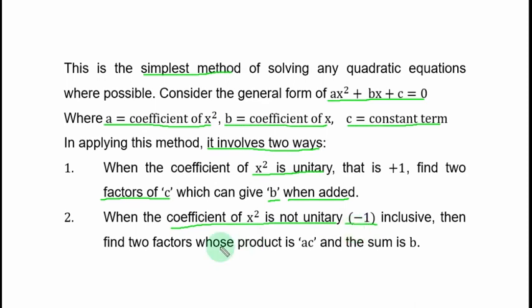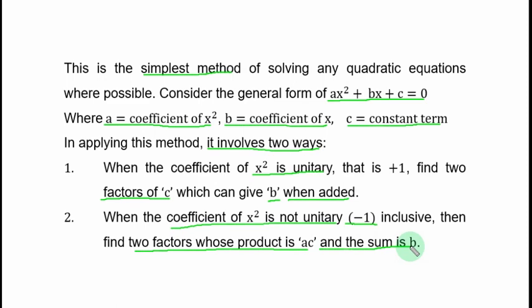After that, you find two factors whose product is AC and the sum is b, the middle term.